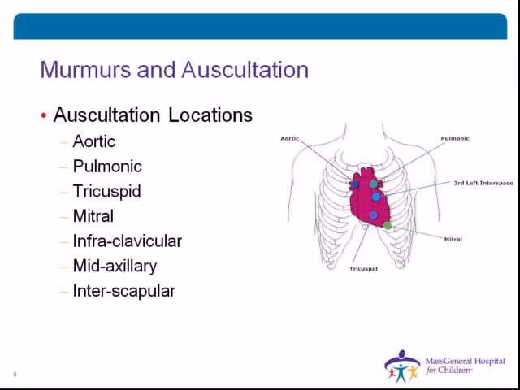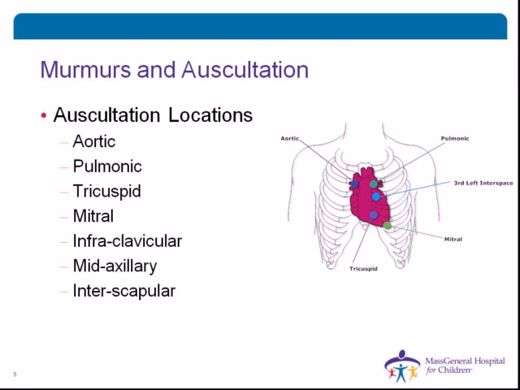Other areas that should also be evaluated, however, are infrequently discussed, are the infraclavicular areas, mid-axillary areas, and also the interscapular area in the back of the patient. These different areas give you a different acoustic vantage point to the heart to approach diagnosis of a heart murmur.